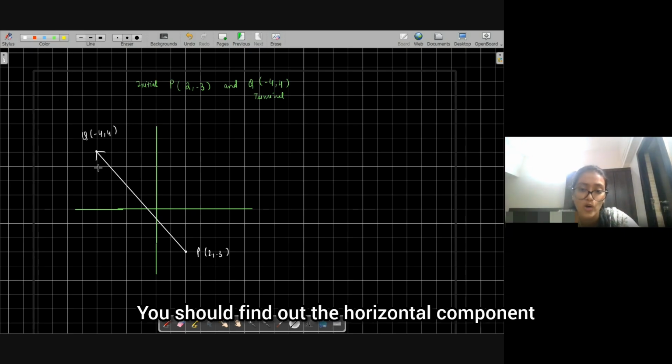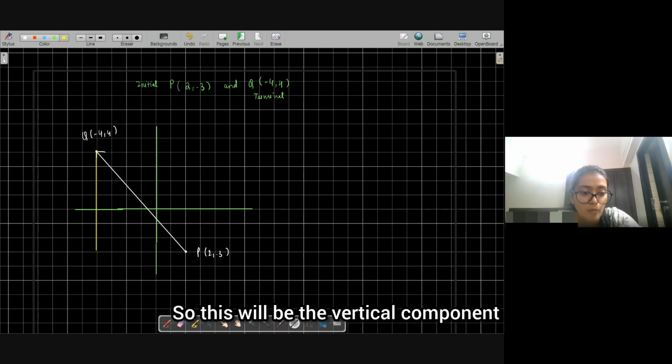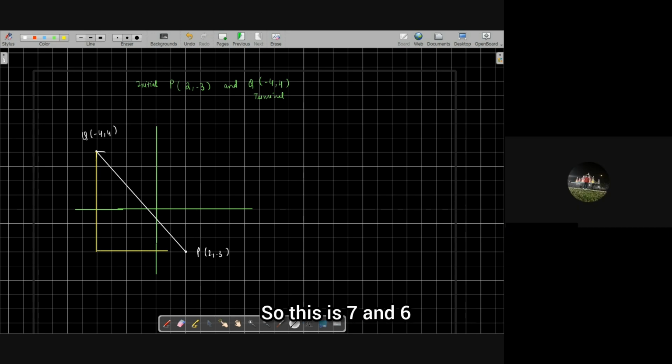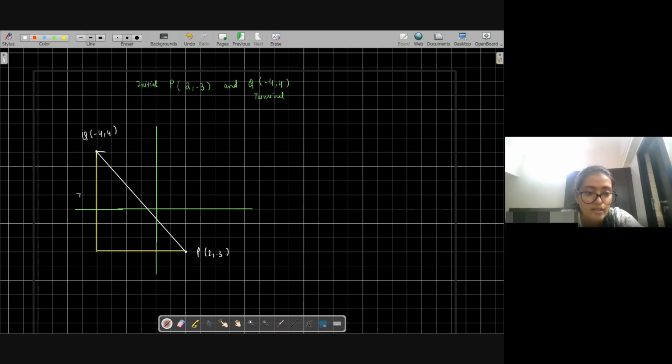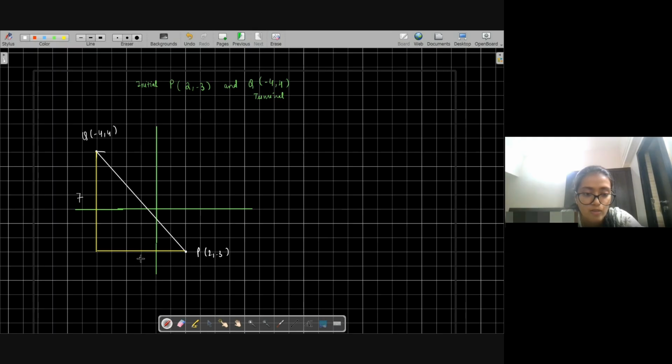You should find out the horizontal component and the vertical component. This will be the vertical component: 4 and 3, 7. That's the vertical component, and this is 4 and 2, 6.